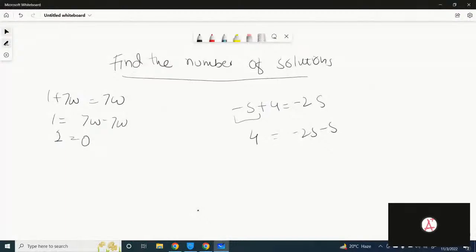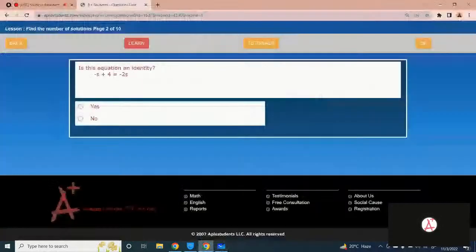Got it? So negative 2 and it would be positive because you shifted it to the other side. So negative 2 plus 1 is negative s equals 4, and s equals negative 4. Got it? Let me read, is the equation an identity? Yes, because the equation has a solution. So it is identity. Got it?